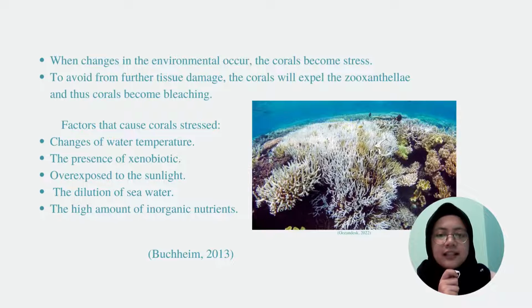The factors that can cause coral stress are changes of water temperature, either high or low, the presence of xenobiotics, which are chemical substances foreign to the coral, corals overexposed to sunlight, the dilution of seawater, and lastly, a high amount of inorganic nutrients.